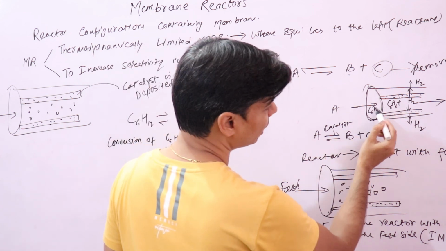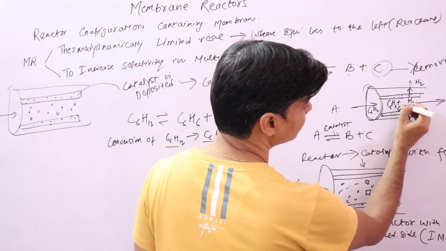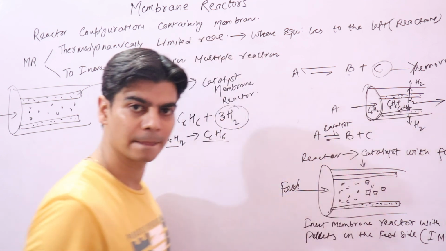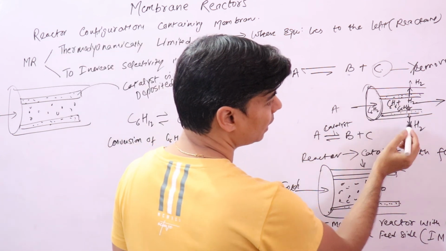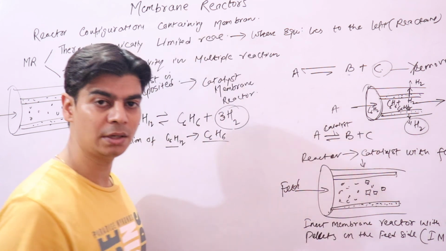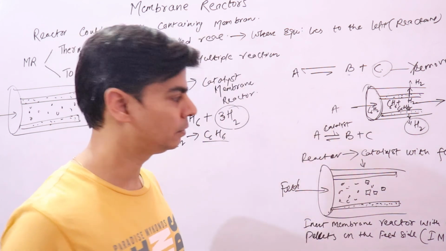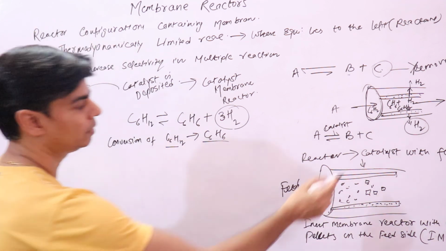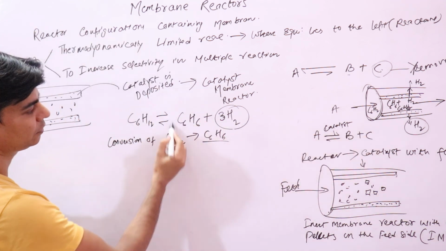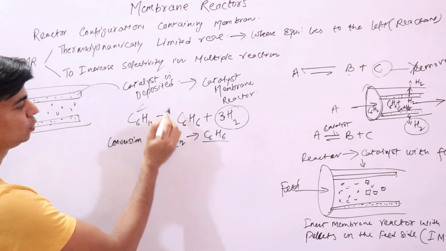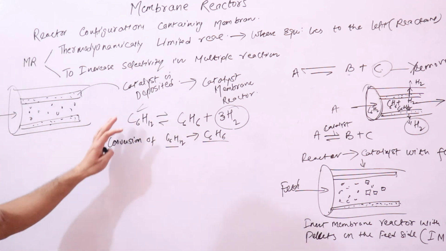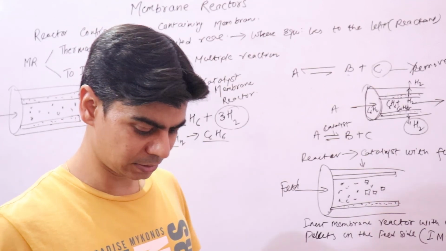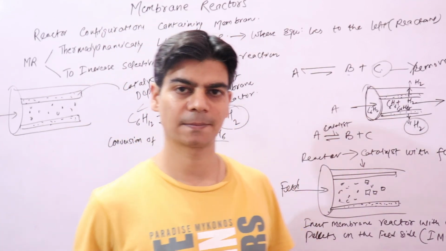Basically in the reaction mixture you have C6H12, C6H6 and hydrogen, and this membrane will allow only hydrogen to pass out of the reactor. So when hydrogen is removed from the reactor through the membrane, there is nothing to react with C6H6 to give you back C6H12. This is how we carry out thermodynamically limited reactions in membrane reactors.